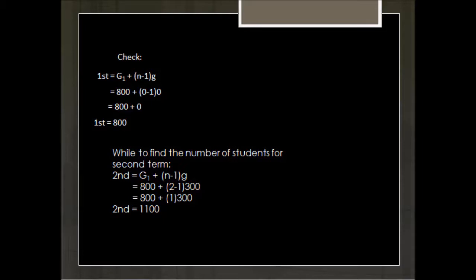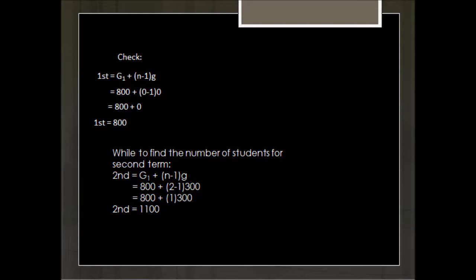We substitute the value of g sub 1, which is 800, then the value of n, and g, since there is no gap, it is 0 also. Then bring down 800, and the first term we have 800.